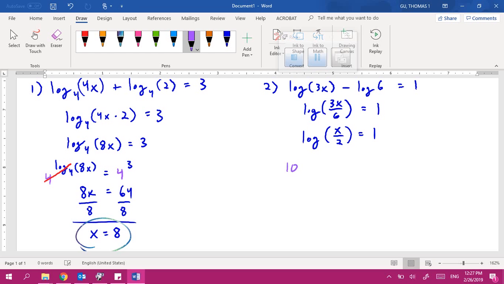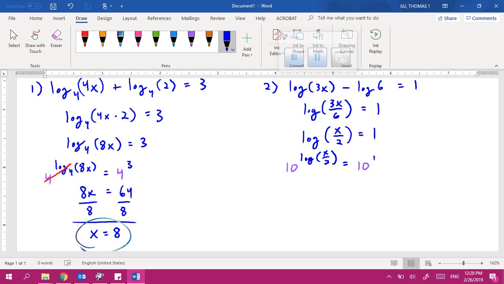Right, 10 is the base, raised to log of x over 2, equals 10 to the first power, right? We use the base of 10 because the log right here has an unwritten base of 10.